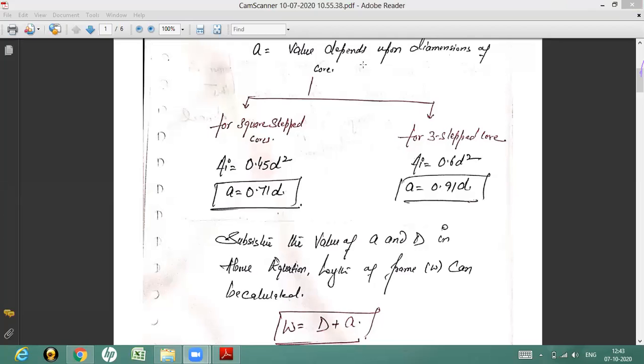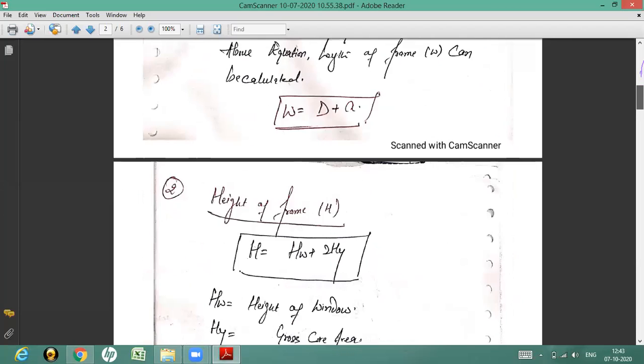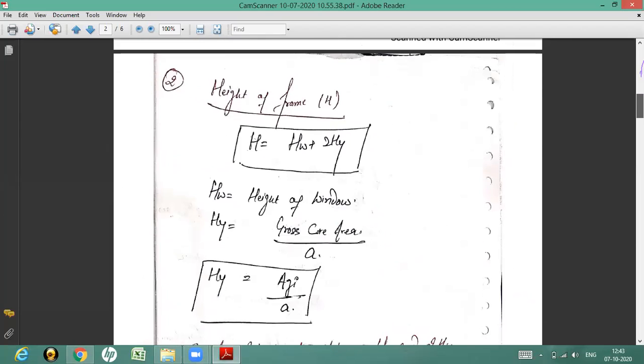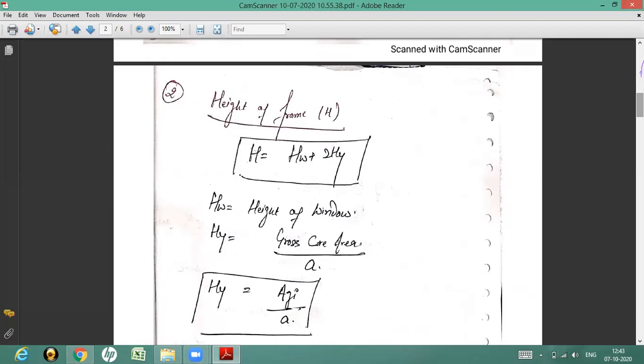Yes, sir. Okay, fine. So once you can calculate the length of the frame from this equation, that is W is equal to D plus A, your second task becomes, you have to calculate the height of the frame.